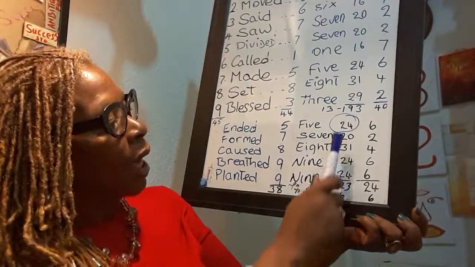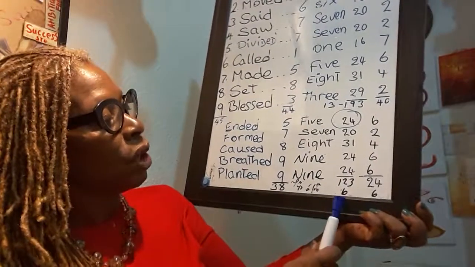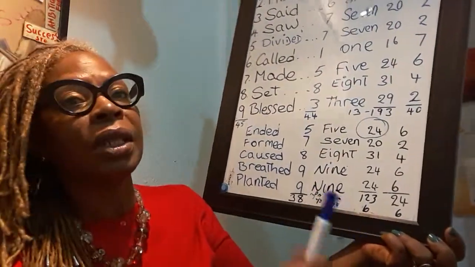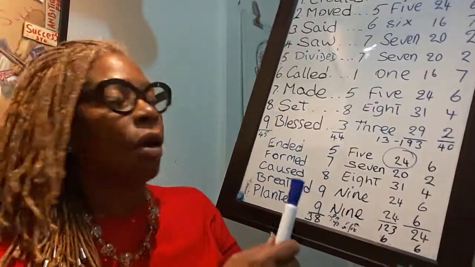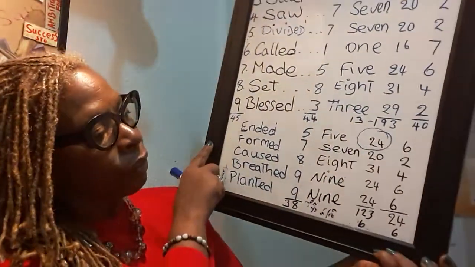Now, the other comparison we have done here is with the words here, and they do come up to, of course, the way I added was 1, 2, 3, meaning 123, which gives us 6. And this 6 is also indicative of the first block of the sacrifice template.